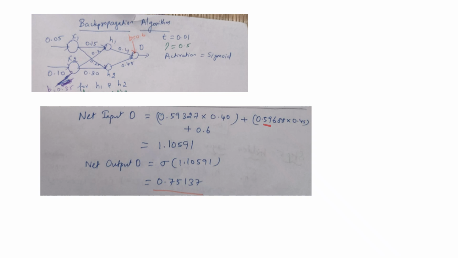The bias value for the output layer is 0.6, so that we have added. So we are getting the input as the answer of this equation, 1.10591. The output is calculated by just the sigmoid of this input. So we are getting this value, 0.75137.